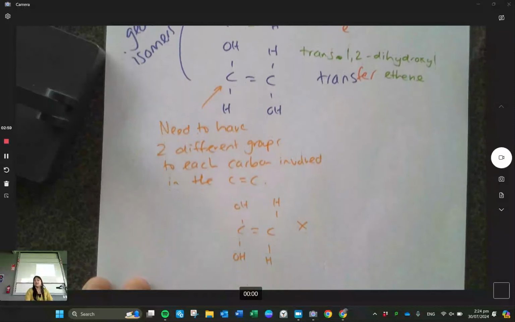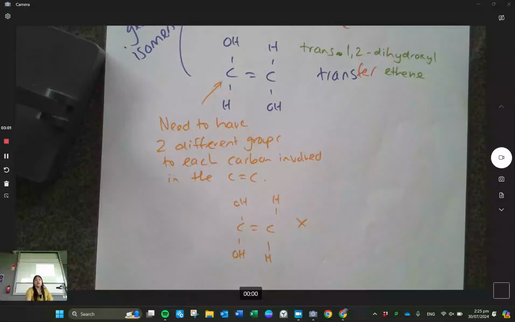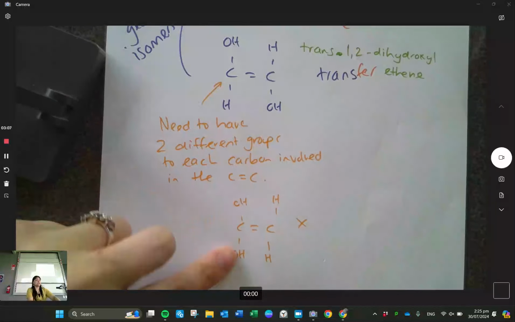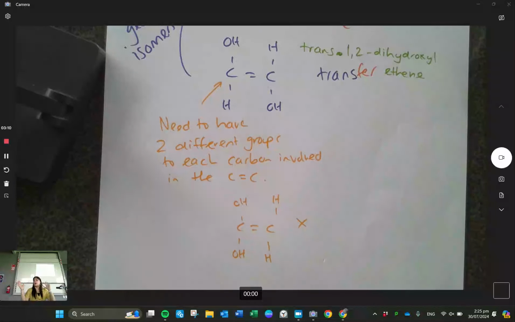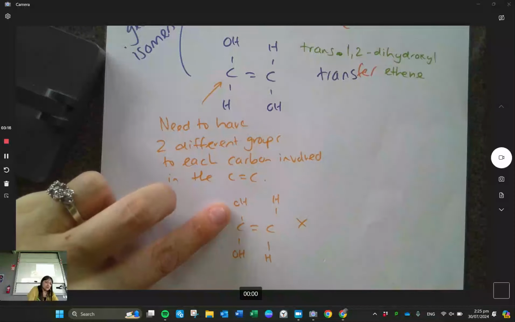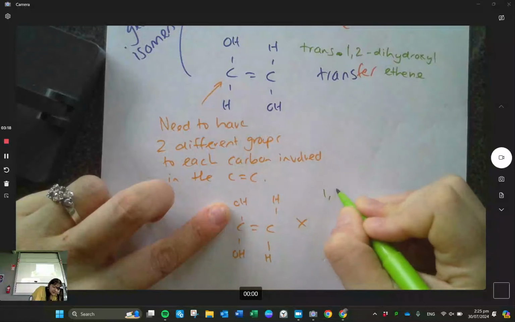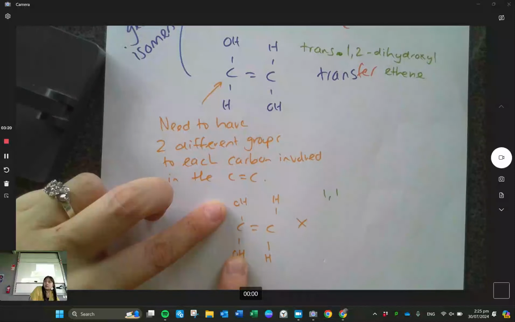All right. This last one over here, does this have cis-trans isomers? No, because we can see that when I look at the carbon, this has 2 of the same thing. So if either carbon involved in the double bond has the same thing, it is out. So in this case, this would be 1, 1, because both of those are on carbon number 1.